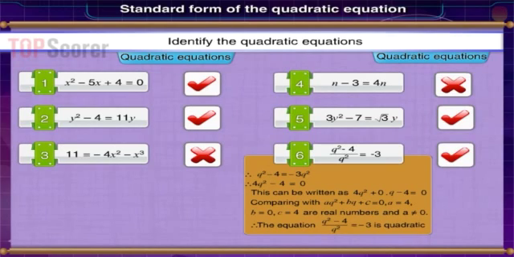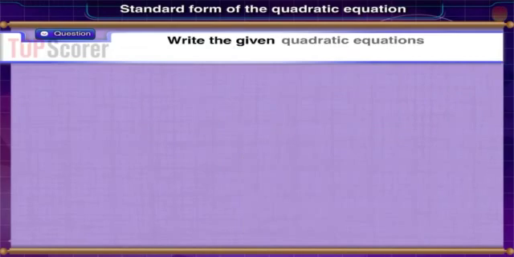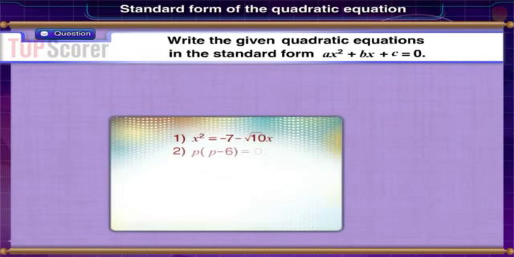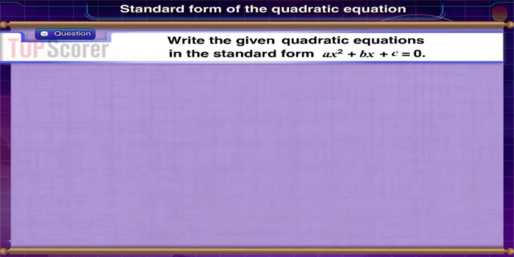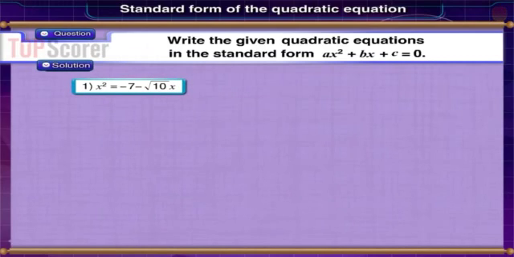In the next question, we have to write the given quadratic equations in the standard form ax square plus bx plus c equal to 0. The first equation is x square is equal to minus 7 minus root 10x.